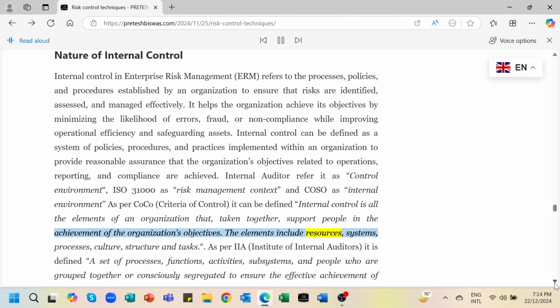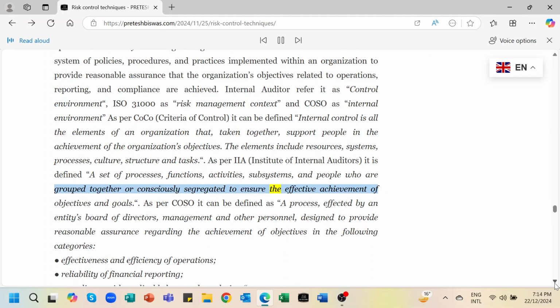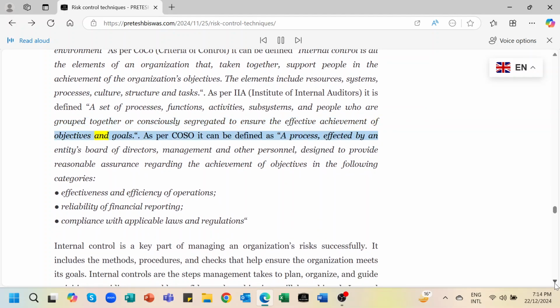The elements include resources, systems, processes, culture, structure, and tasks. As per the IIA, Institute of Internal Auditors, it is defined as a set of processes, functions, activities, subsystems, and people who are grouped together or consciously segregated to ensure the effective achievement of objectives and goals.